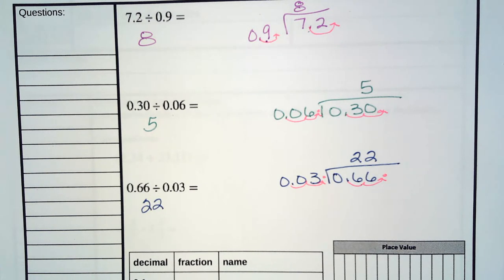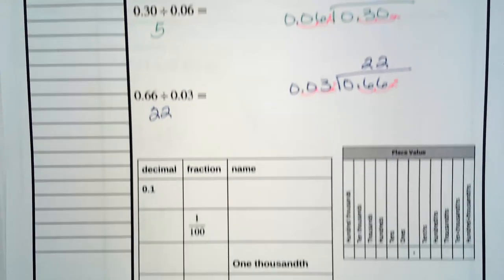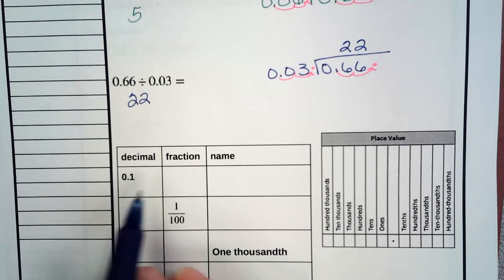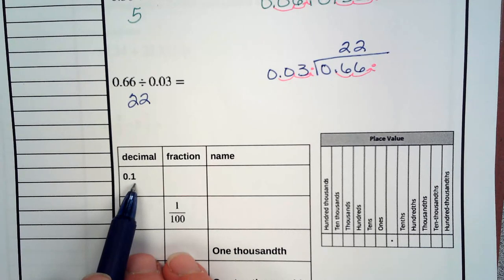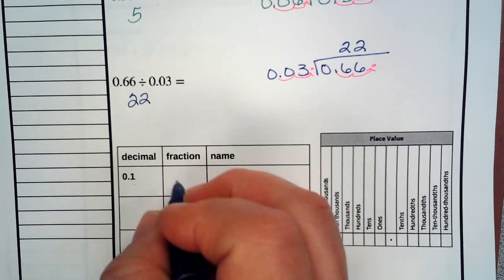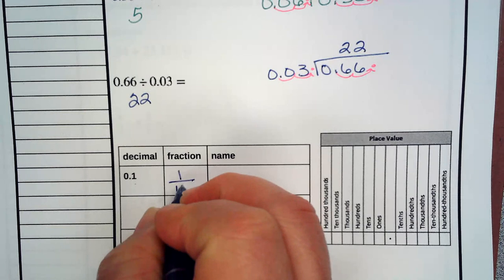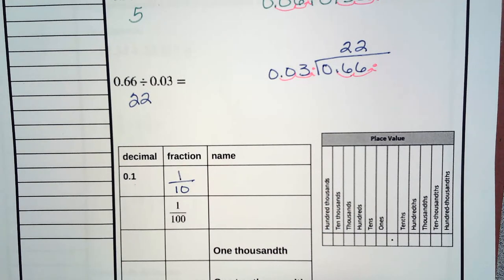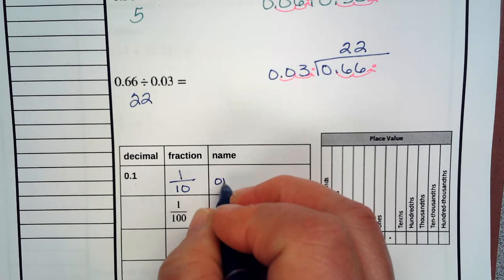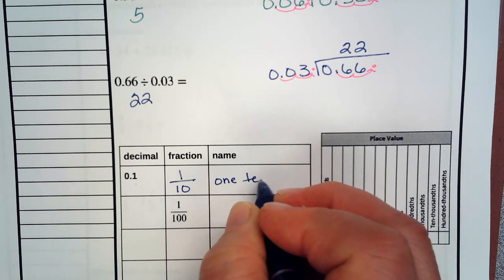So let's look at the fractions and what they're called. The first decimal we're going to look at, this is how the decimals work. 0.1, the fraction is 1 over 10. 1 tenth.